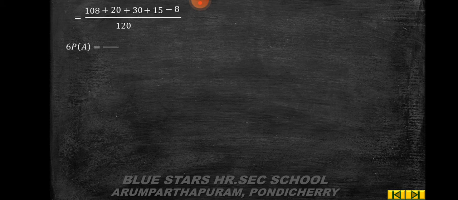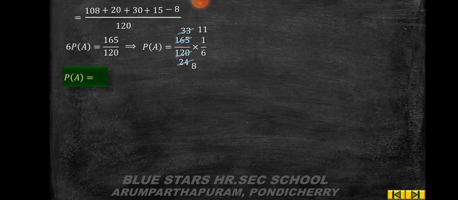So 6 P of A is equal to 165 by 120. P of A is equal to 165 by 120 into 1 by 6. So 33 by 24 times 8, and 11 times. So P of A is equal to 11 by 48.